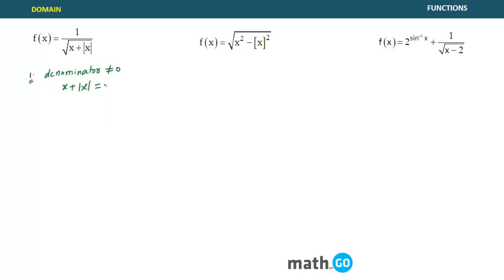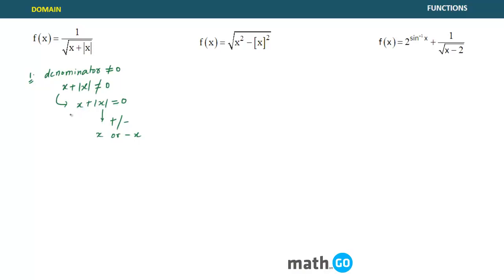If this becomes 0, the denominator will become 0, and you want this should not happen. So try and find out when this becomes 0. Obviously, we have mod x. For mod x, some answers would be positive and some would be negative. That is, it will return plus x, or it will return minus x when x is negative, and then only you will get answer 0.